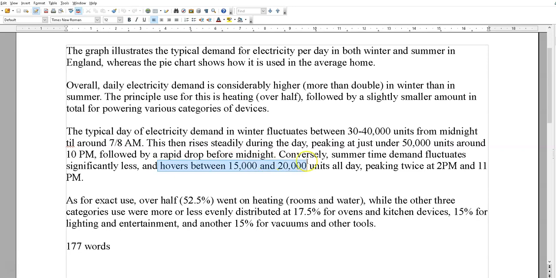Hovers between 15,000 and 20,000 units, peaking twice. Okay, and then as for use, over half went on heating, while the other 3 categories were evenly distributed. 1, 2, 3. So 177 words. You don't really need anything else. And I've got more or less all the information there.